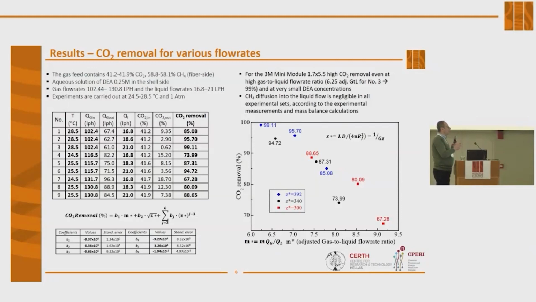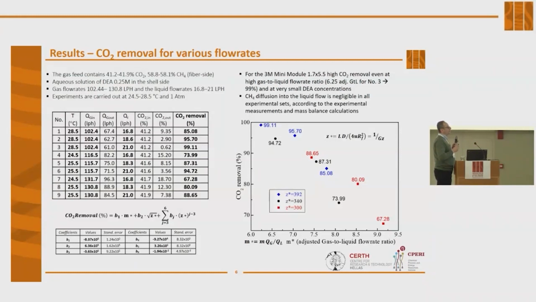From the graph, we can see that we can have a very efficient process for removing carbon dioxide first. We can have more than 95% of removal, having a high enough gas to liquid flow rate ratio of almost 7.5 or less.